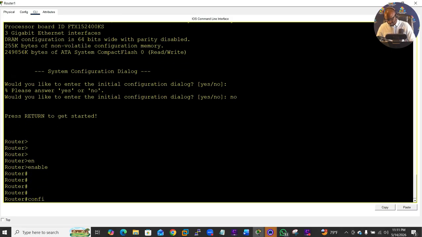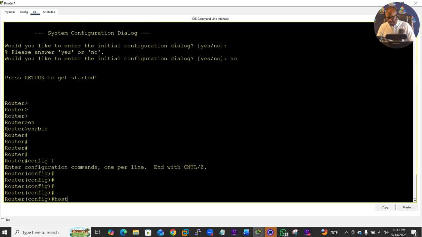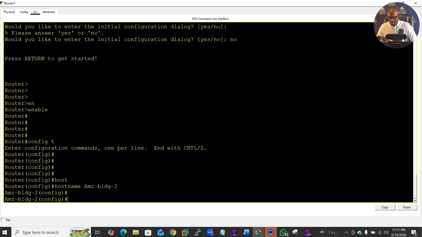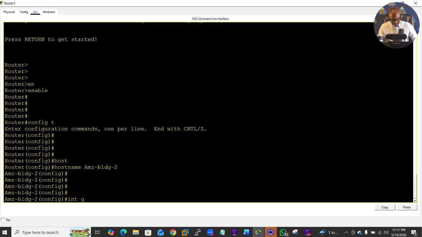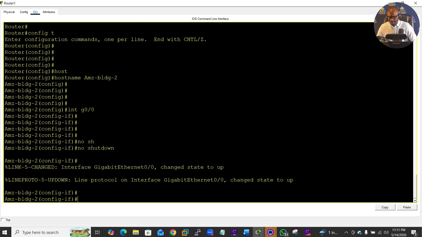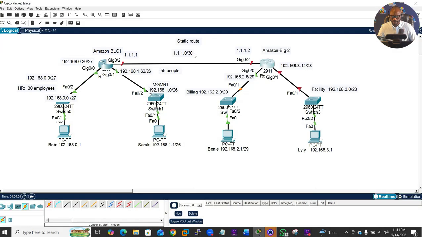Enable, configure terminal, hostname MZN building 2. Interface G0/0, no shutdown. Let's take a look at the topology. It's a /29, which has 6 usable addresses.